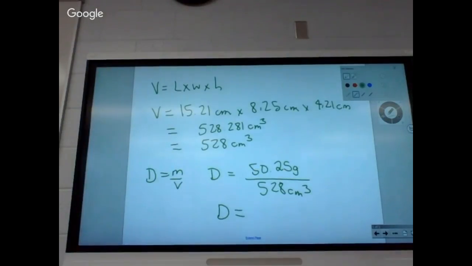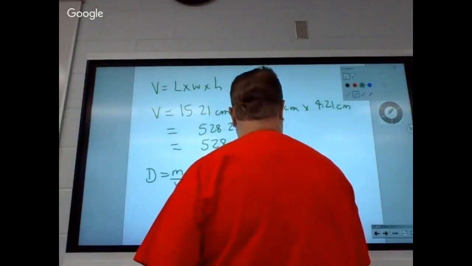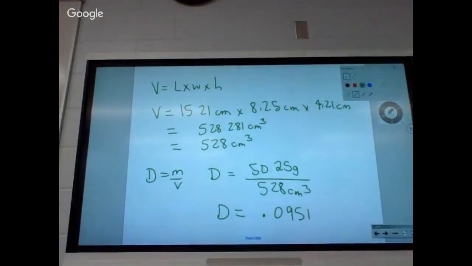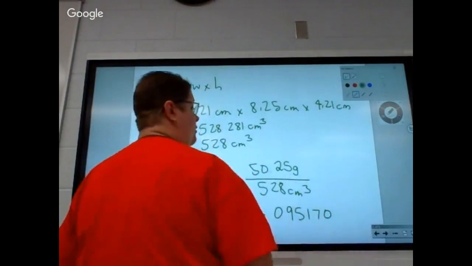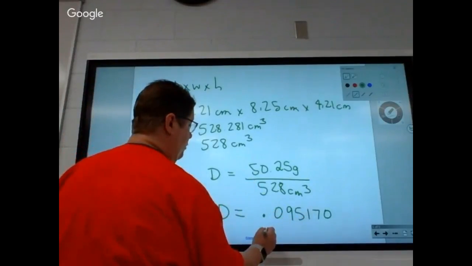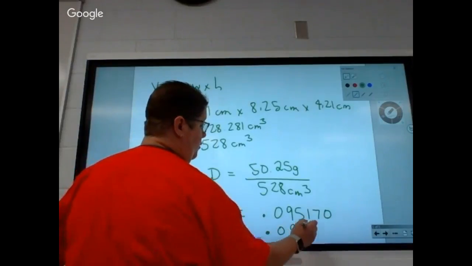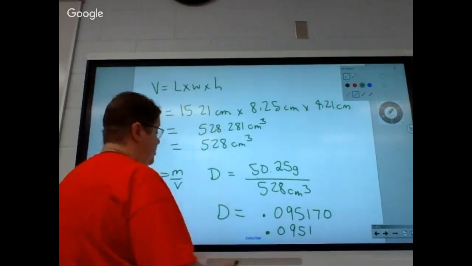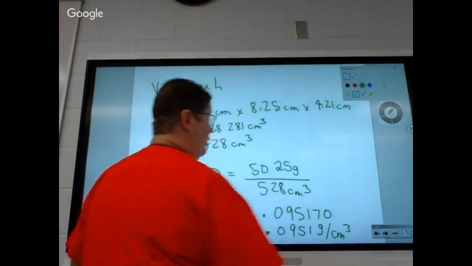I get 0.0951. So how many significant digits are here, 4, and here 3? So I would have 0.0951 here. You can leave it at 1, you can round it to 2, doesn't matter to me. Grams over centimeters cubed, because neither one cancels out.